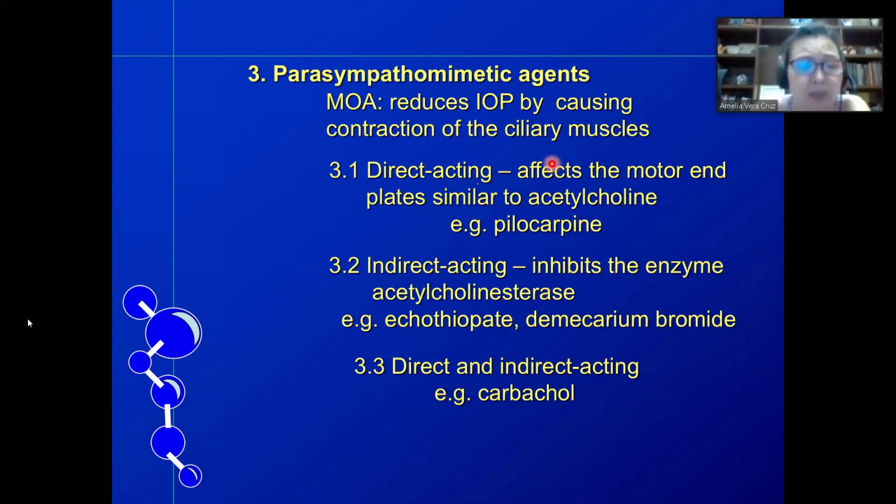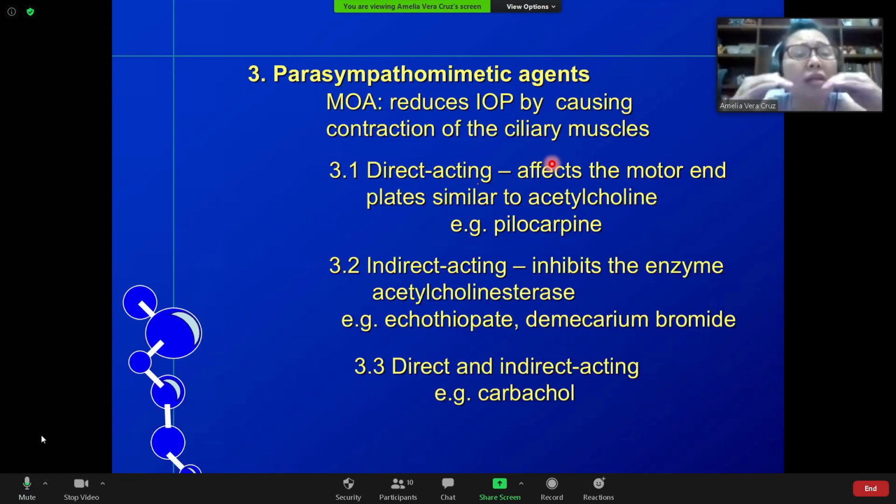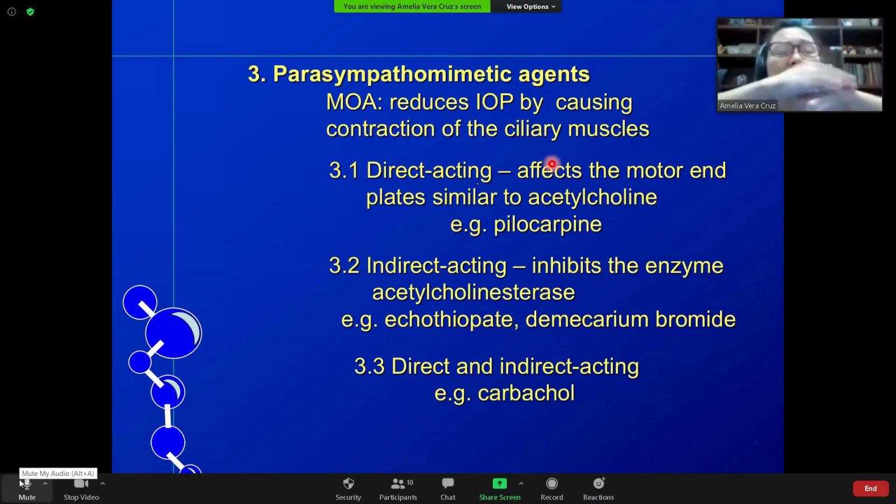Na-imagine nyo kanina yung sinasabi ko na accordion, di ba? Magpupull siya towards the center, so ang fold dito mawawala na sa angle. I-open na niya. Okay? Yan.